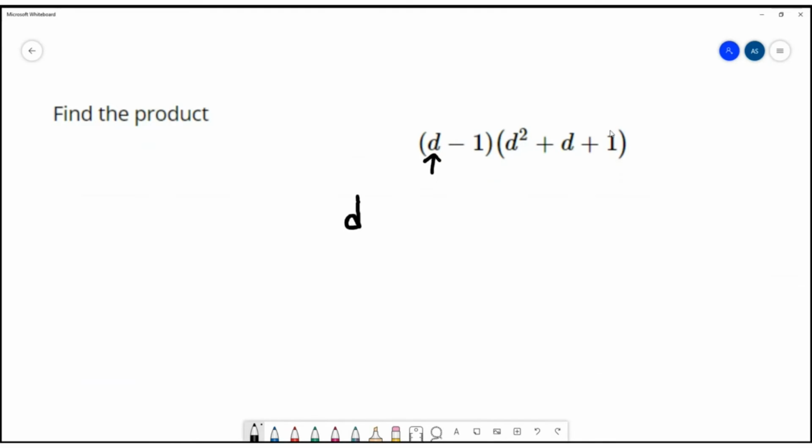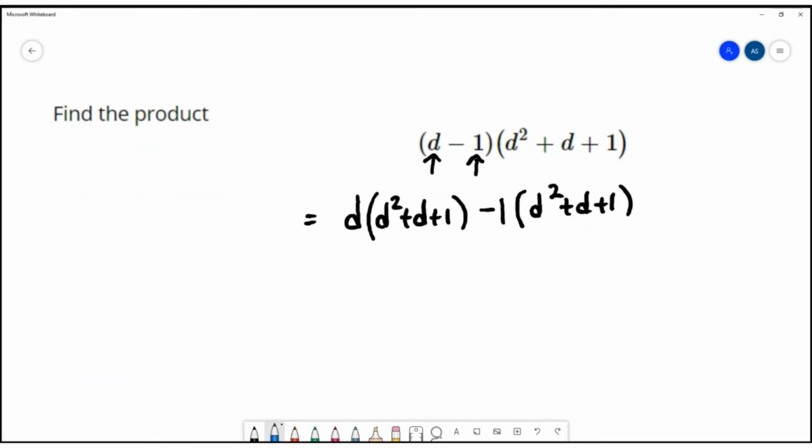So I'm going to write down d times d squared plus d plus 1 so that I remember to multiply d times all 3 of those terms in the other parentheses. Then we're going to take the next term, minus 1, and we want to multiply minus 1 by every term in the second polynomial. So we're going to write down times d squared plus d plus 1.